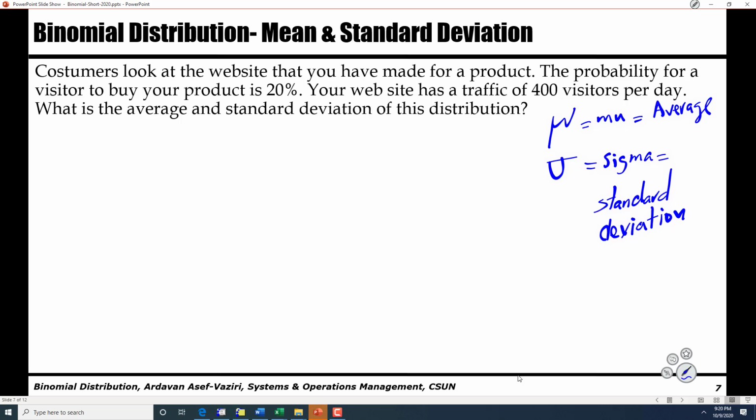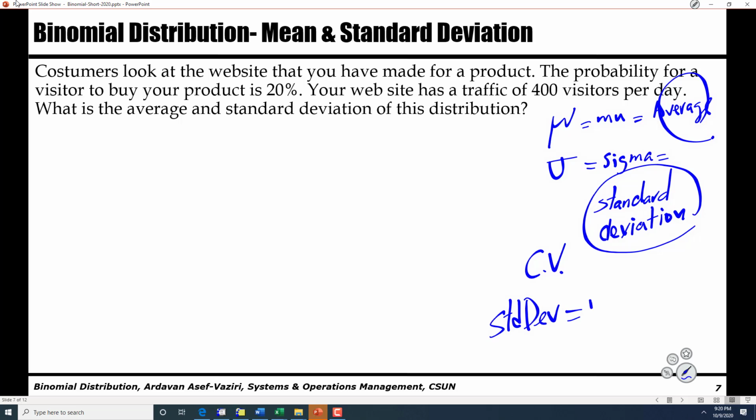You should always remember that coefficient of variation is standard deviation divided by average. You need to remember this. And you should also remember that standard deviation is equal to square root of variance, or variance is standard deviation squared.